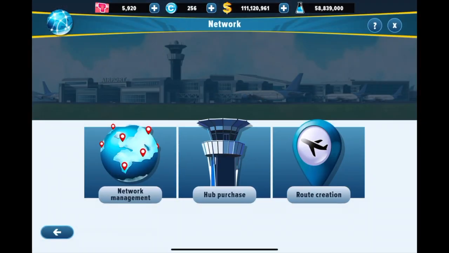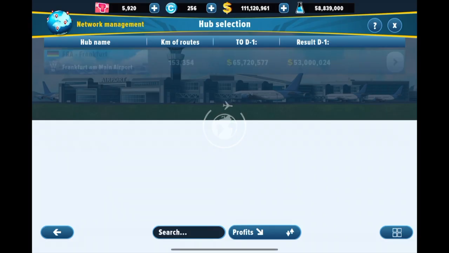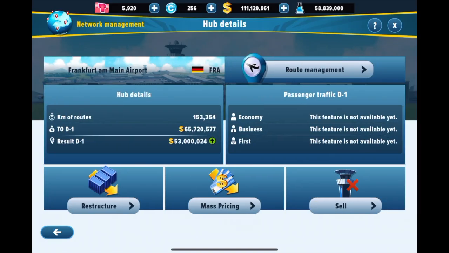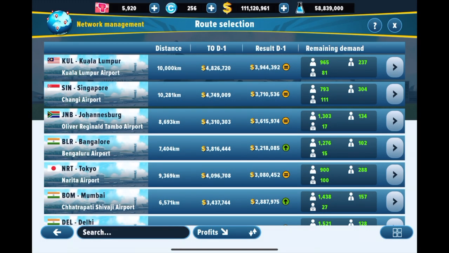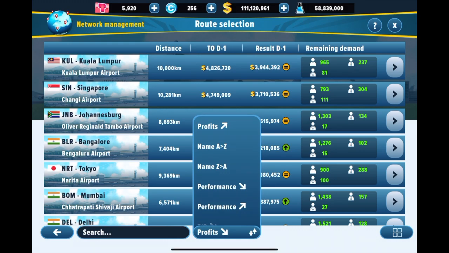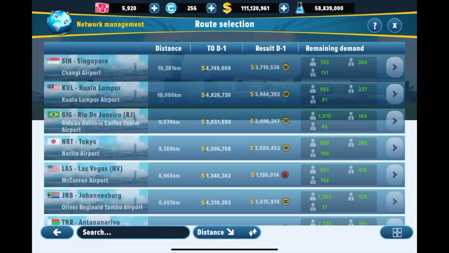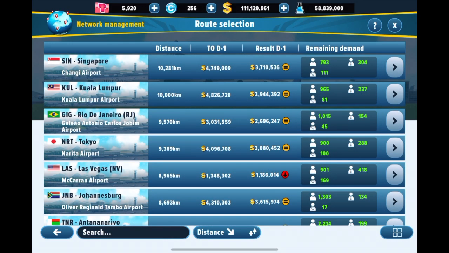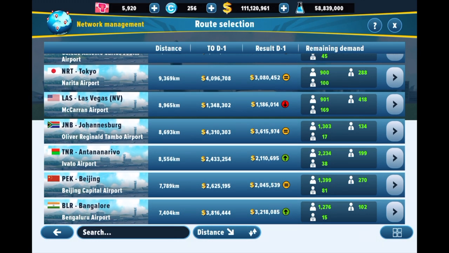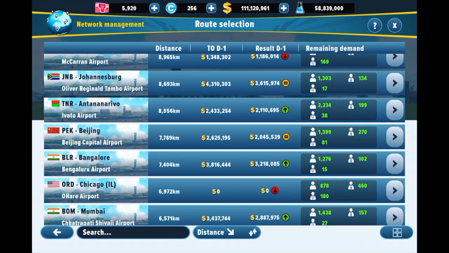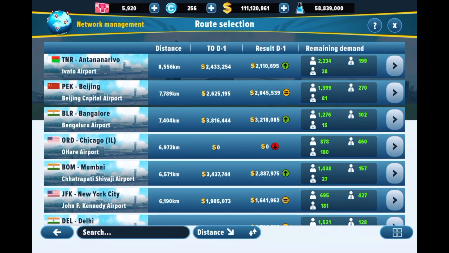First of all, I need to check the network. Let's go here and arrange this by distance, top to bottom. All the aircrafts I purchased yesterday, I think they were compatible starting from 7,000 kilometers.